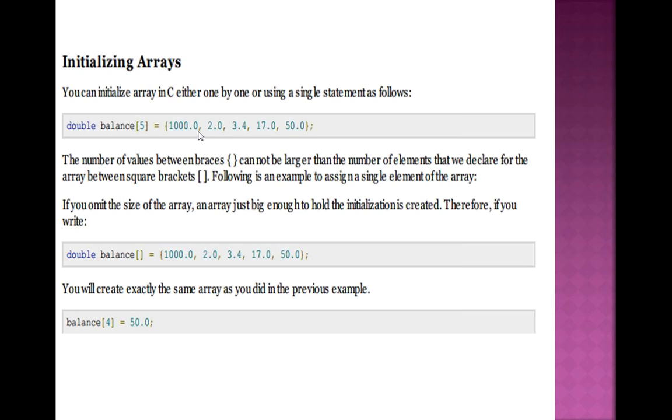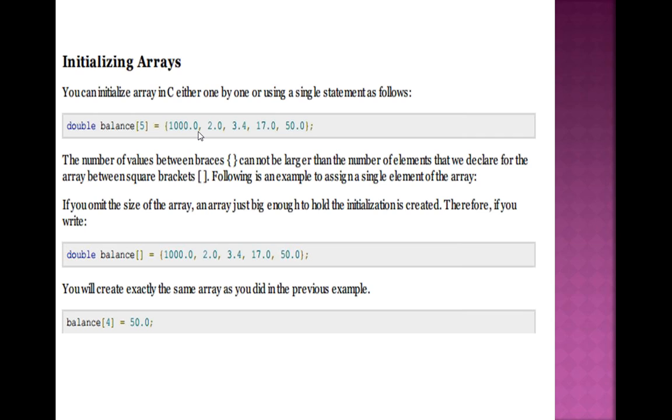The number of values between braces cannot be larger than the number of elements that we declare for the array within the square brackets. Means the array elements should not be greater than what we declare in the array declaration. The vice versa is not true. If I declare 5 and I give only 4 elements, then it's okay.